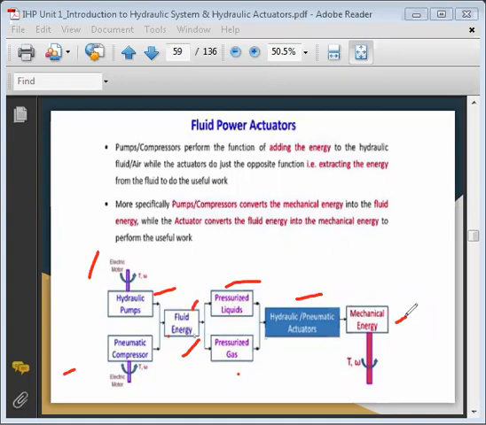Then this fluid energy, either compressed liquid or compressed gas, is an input to your hydraulic actuator or the pneumatic actuator, which will further convert it into the mechanical energy. That mechanical energy is used to perform some useful work. Getting it? So this is a schematic diagram of our system.